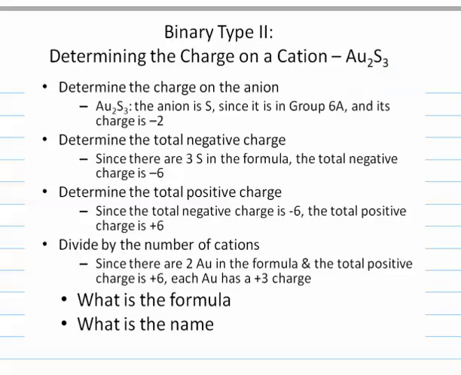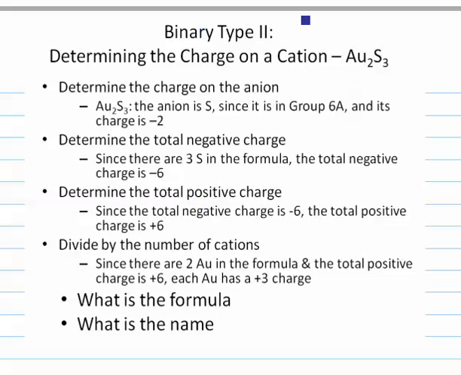In fact, sulfide in all of the sulfur-containing binary compounds has a -2 charge. Knowing that sulfur is a -2, and there are 3 of them, this tells us that there is a total of -6 charge.